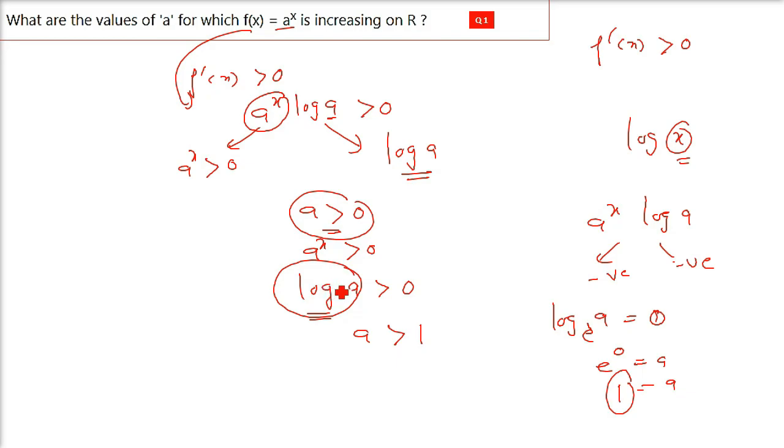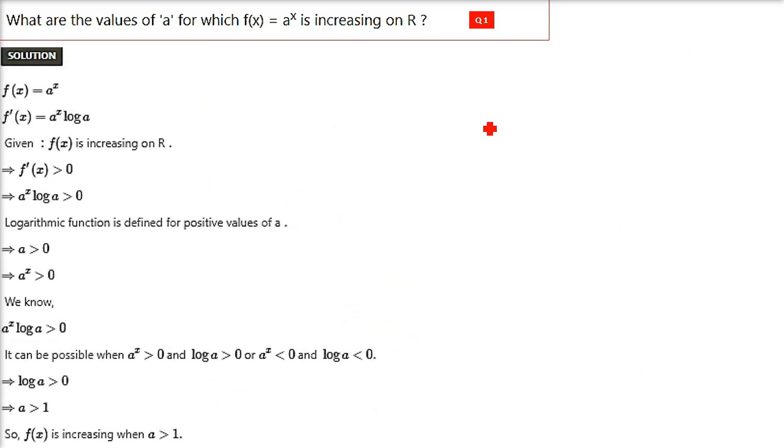Log a is greater than 0 when a is greater than 1. So this f dash x should be greater than 0, and anything greater than 0 is only possible when a is greater than 1. Now how are we going to do this? This is very important because this is all you have to write. You have to prove that f dash x is greater than 0.